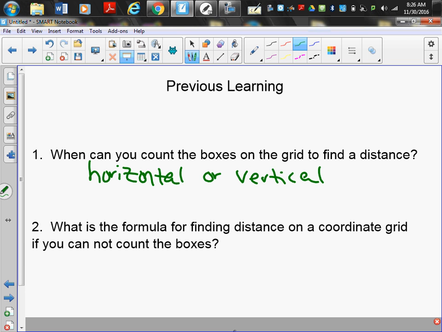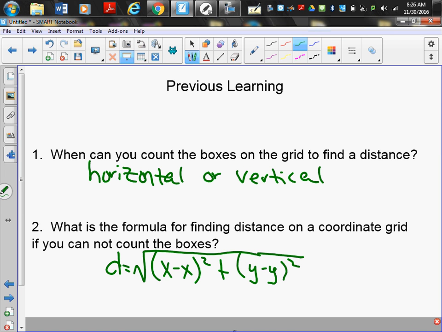That's correct. D equals. Not an A. Alright, Ms. Brown? D equals the square root of, parentheses, x minus x, parentheses, squared, plus, parentheses, y minus y, parentheses, squared.